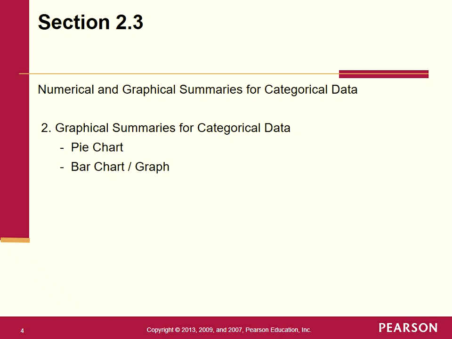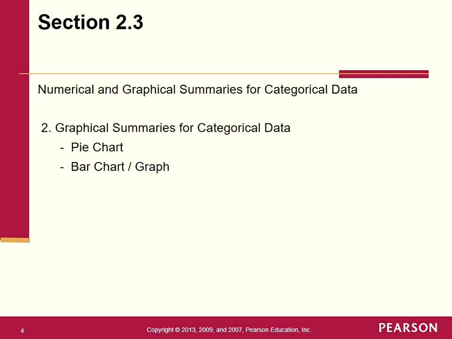This is important because when you work on your project in Intro 2, one of the things I'm going to ask you to do is create some graphs for your data in what we call StatCrunch. So it's important that you understand that if I have categorical data, I can either make a pie chart or a bar graph.